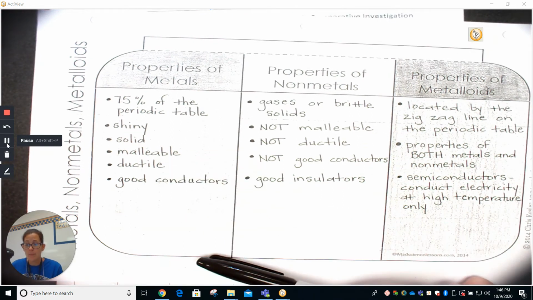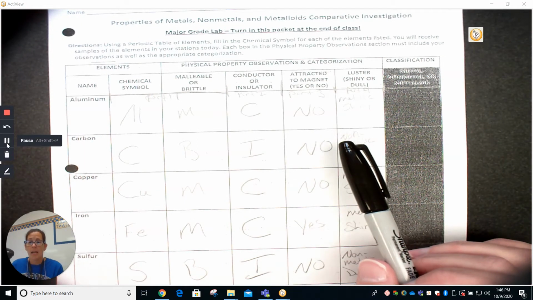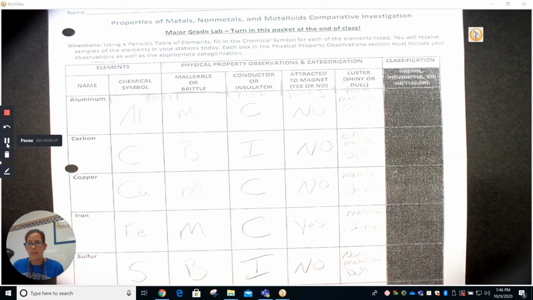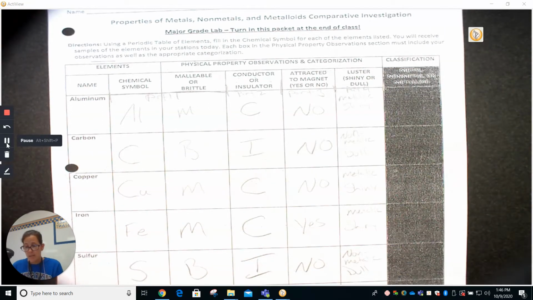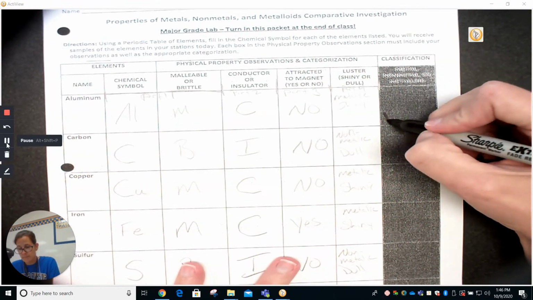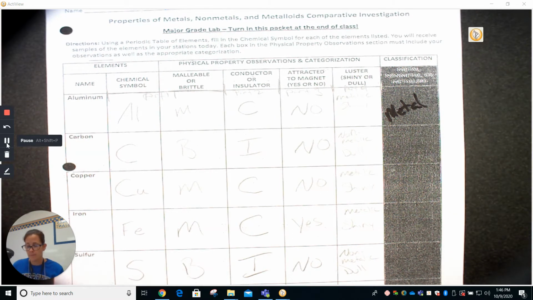I mean, we hit the majority of these. The only one that isn't really conclusive is the magnetic part, and that's just one of the characteristics that could be a metal. So I think this is pretty overwhelmingly positive that we have a metal here. So aluminum is a metal.